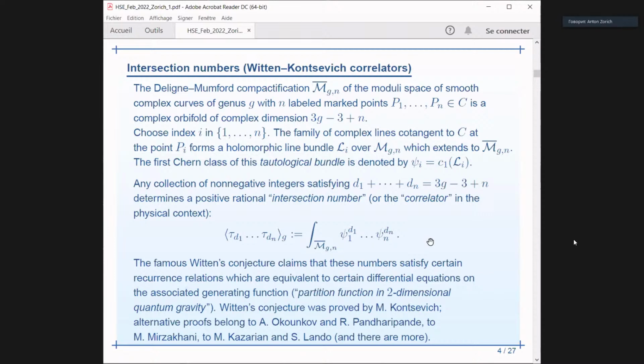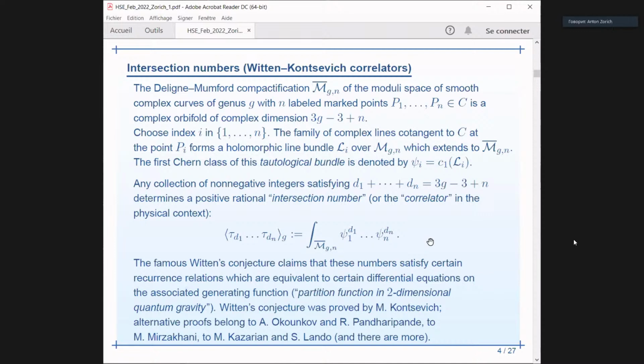And the recurrence relations were encoded by certain differential equations which were satisfied by this generating function. Now, the first proof of Witten's conjecture was obtained by Kontsevich. Then there were alternative, conceptually different proofs due to Okounkov and Pandharipande, to Maryam Mirzakhani, to Maxim Kazarian and Sergei Lando, and there are other proofs.